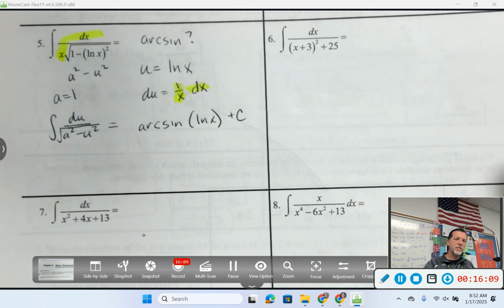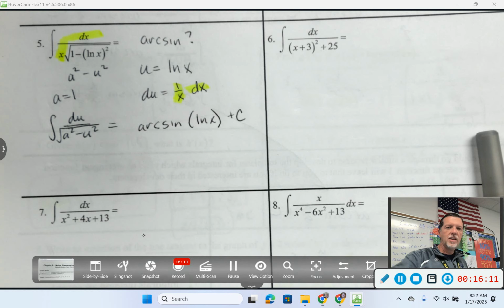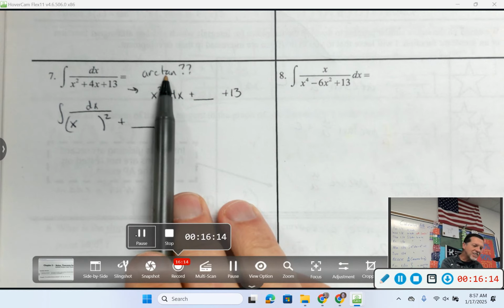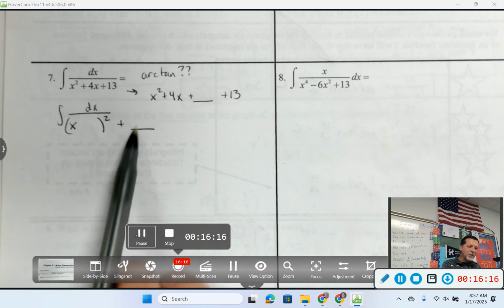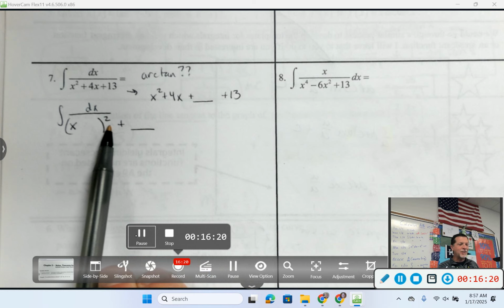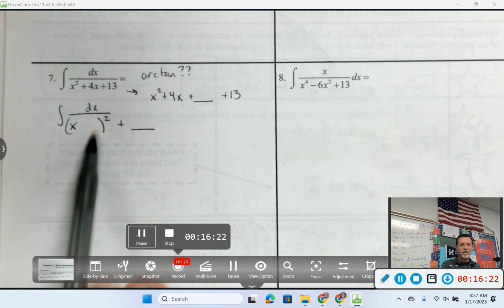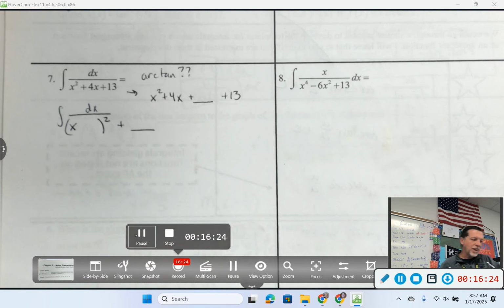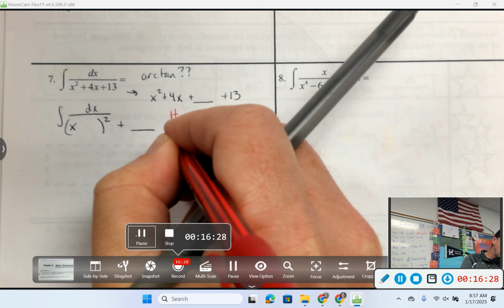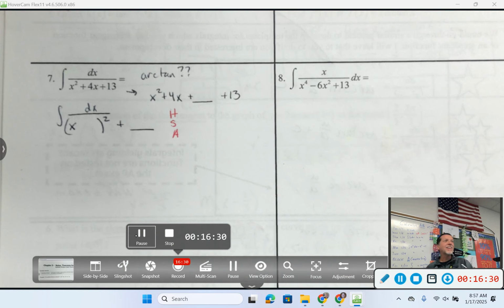What does number 6 look like? So this one looks like arctan, but it would really look better if it looked like this. And so to make it look like this, I need to complete the square. So do you remember what needs to go in this blank right there? Half it, square it, add it.